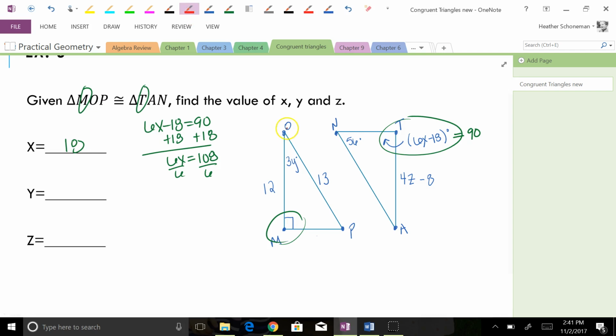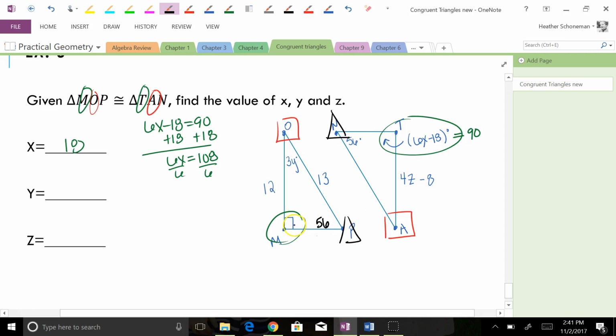Alright, let's try and find y. Y is in here in O. O matches A. We don't know A, but we do know that N and P match, and N is 56.